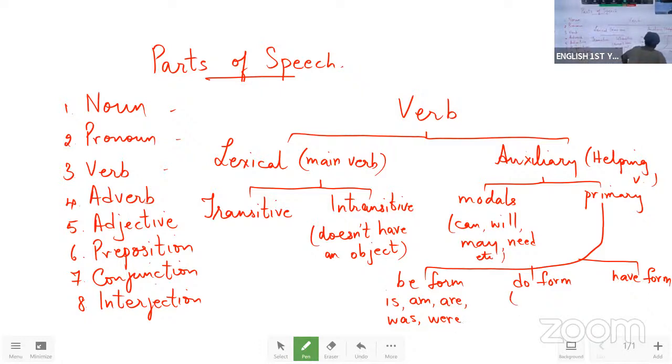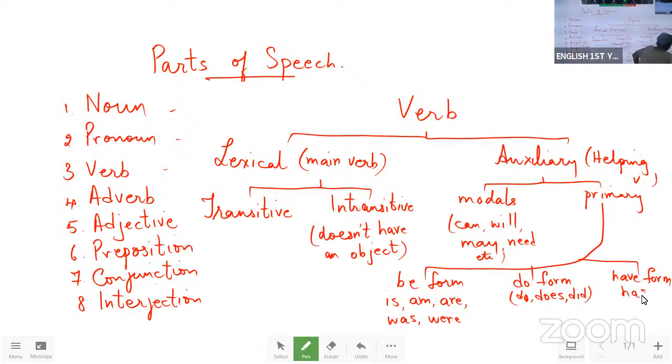Okay, children, do and have are very easy. Do is do, does, did, and the negative forms. Am doesn't have a negative. When it is the same thing with I, you use aren't, isn't, wasn't, weren't. Likewise, do, don't, negative. Does, doesn't, did, didn't. Okay? Have also same.